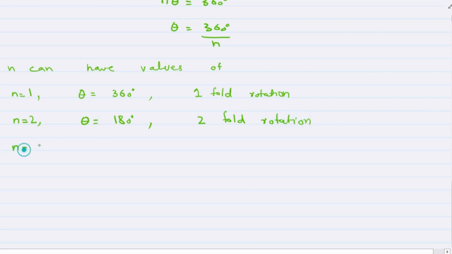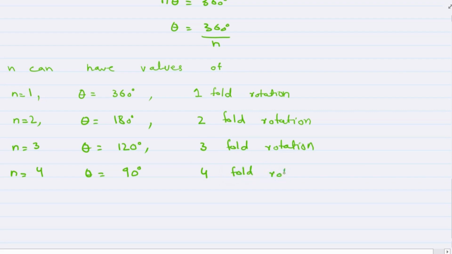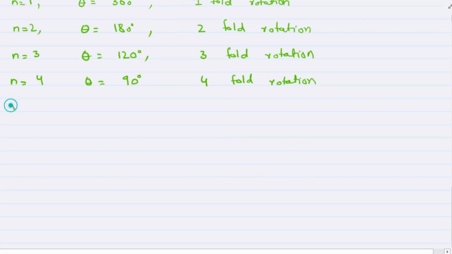If n is equal to 3, then theta is equal to 120 degree and it is called three-fold rotation. If n is equal to 4, then theta is equal to 90 degree and it is called four-fold rotation. If n is equal to 6, then theta is equal to 60 degree and it is called six-fold rotation.